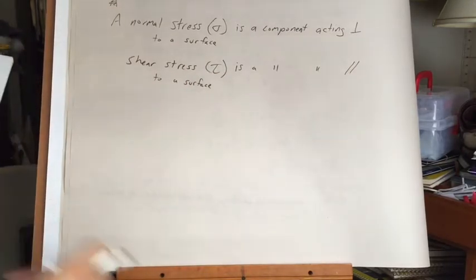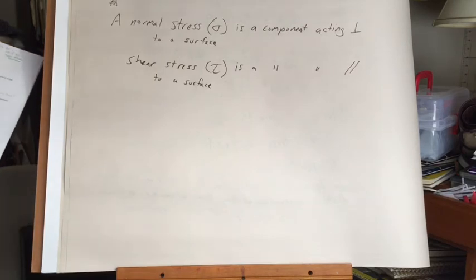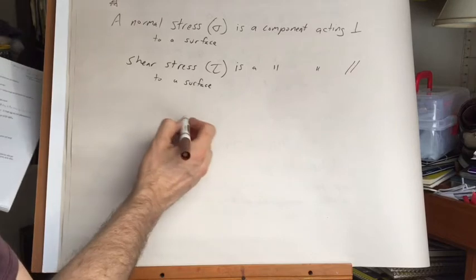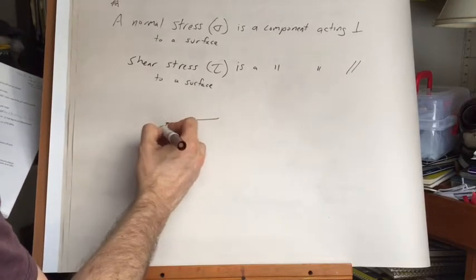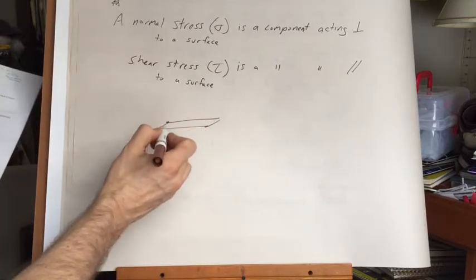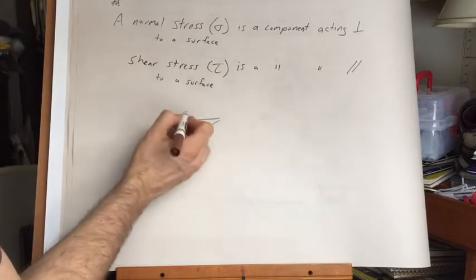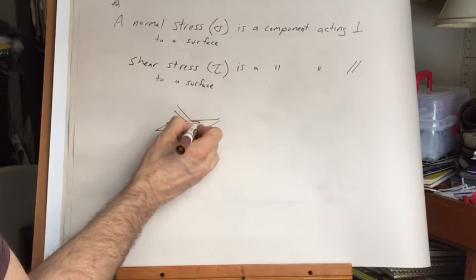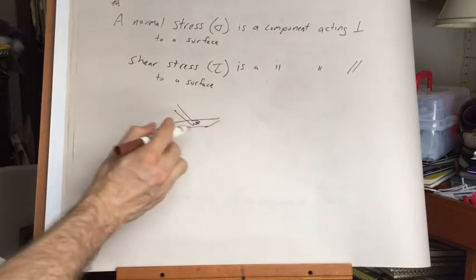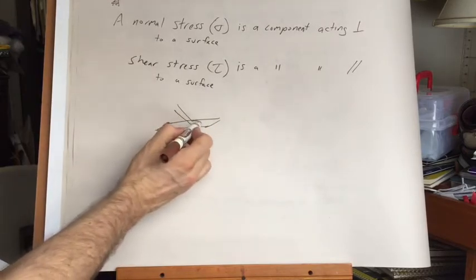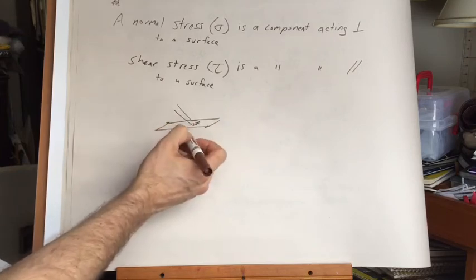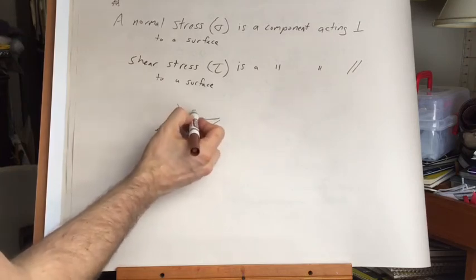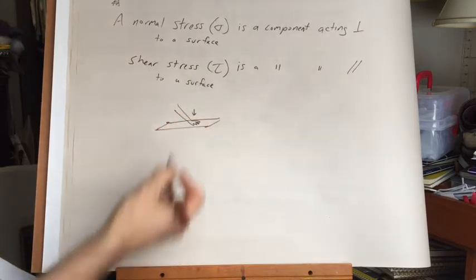So we could think about this as, if I had a table surface here, and I could rest my hand on it, some of the stress that this table surface feels is going to be the amount I'm pushing down on the surface.